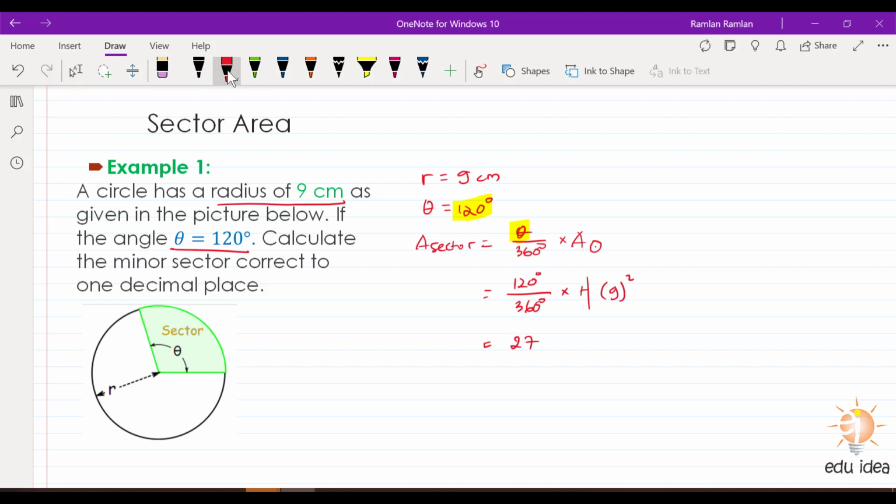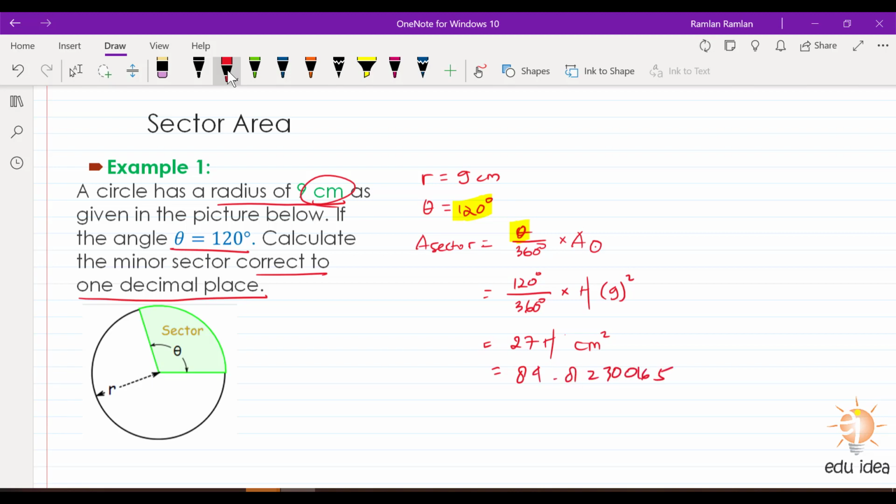You'll get 27 pi. Remember that because this is in centimeters, this is an area, so it'll be centimeters squared. Now, in this question, it says to calculate correct to 1 decimal place. If you change this into a decimal, you can use the calculator. You'll get 84.823000165, right?